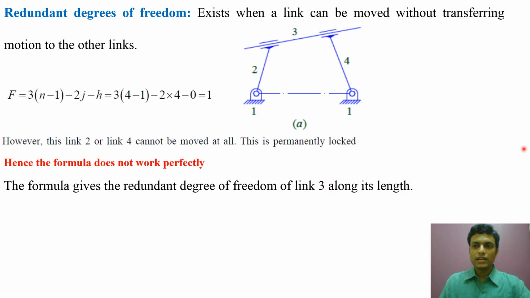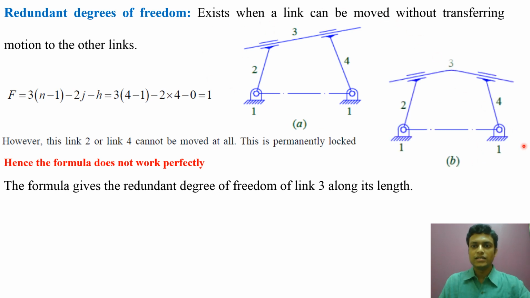Now consider another configuration. We have just modified this mechanism by bending link 3 like this. Now link 3 cannot move without transferring motion to link 2 and 4. So in mechanism B, there does not exist any redundant degree of freedom, and now link 2 and 4 can be moved and the mechanism has 1 degree of freedom.